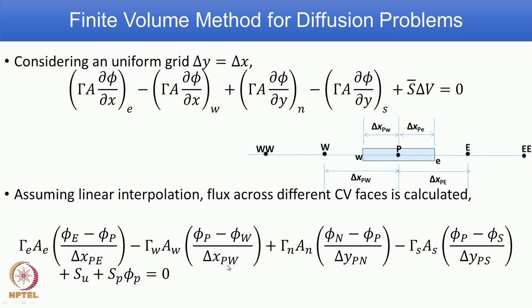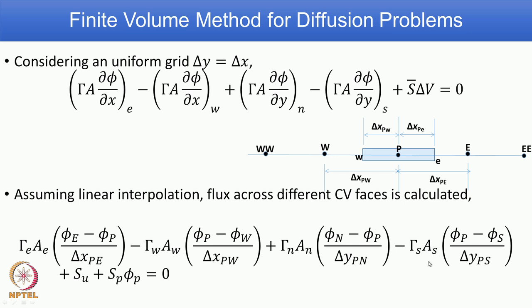We now have two more terms corresponding to the y direction, and they are shown here, that is gamma n A n, phi at north node minus phi at P node, divided by delta y PN, that is the distance between P node and north node.